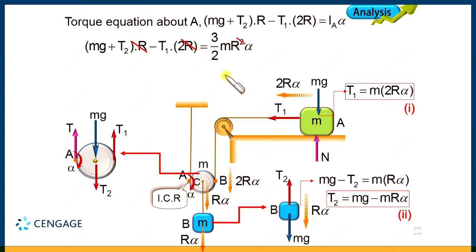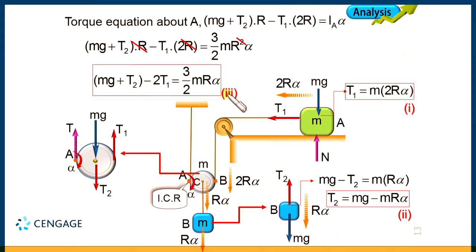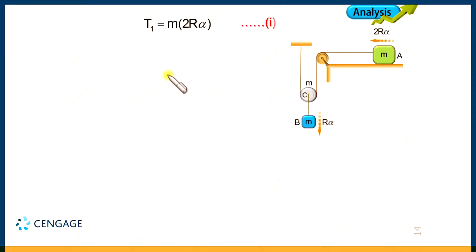So the equation will finally be mg plus T2 minus 2 T1 equal to 3 by 2 m r alpha. This is equation number 3. Let us place equation number 1, equation number 2 and equation number 3 on the next page.